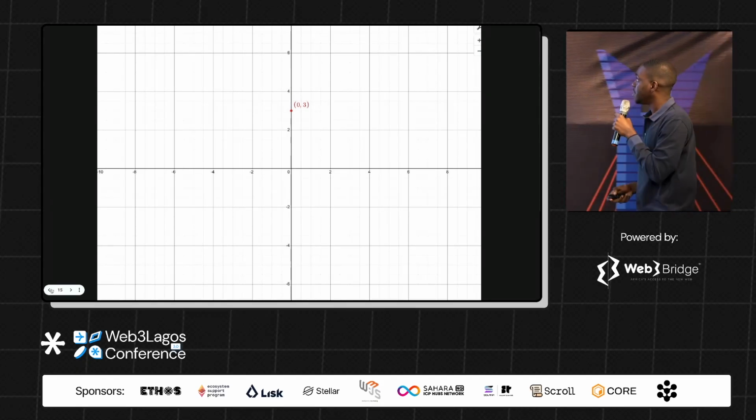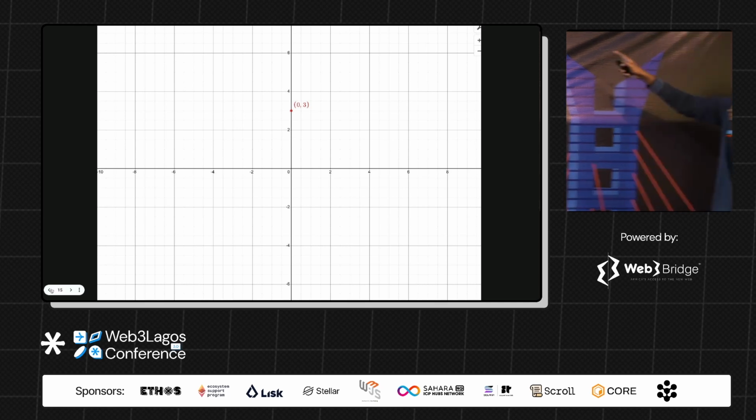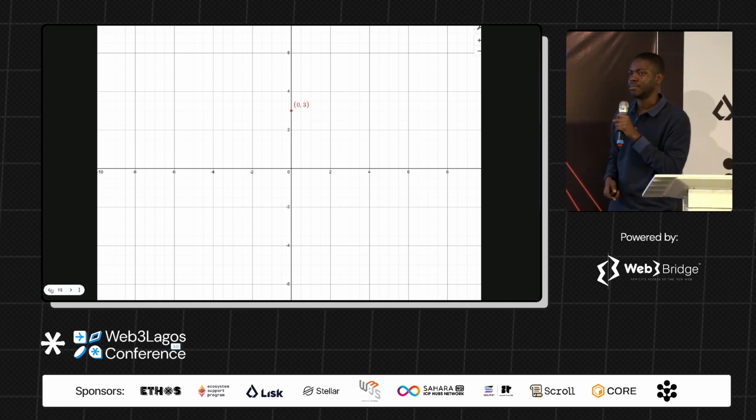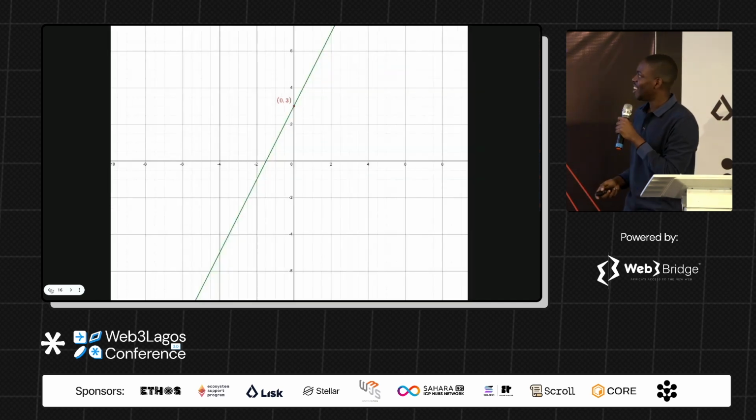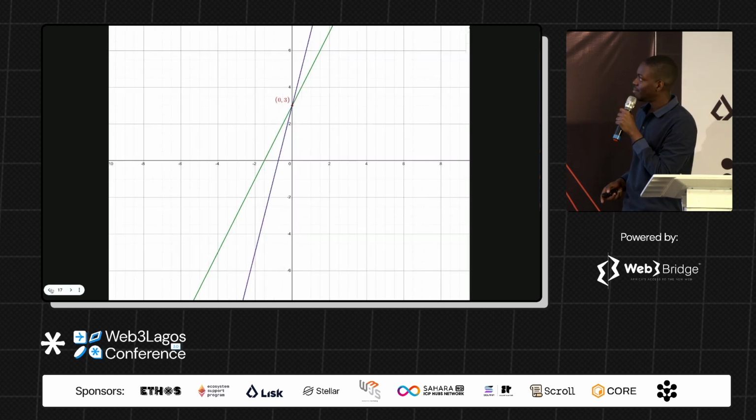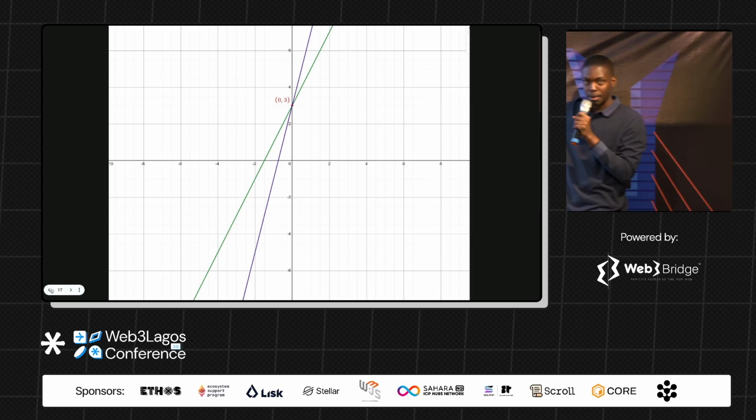Then the question is, how many straight lines can we pass through this point? Is it just 1? Is it just 2? So yes, we can pass 1 straight line, right? But then we can also pass another straight line. The point didn't change, right? Still the same point, 2 straight lines are passing through it.